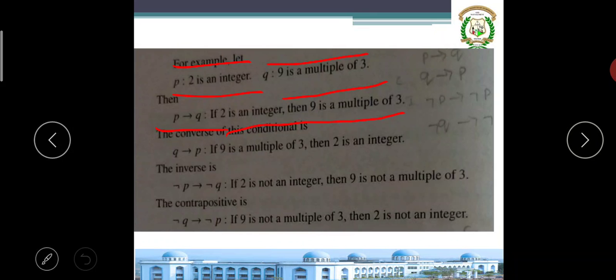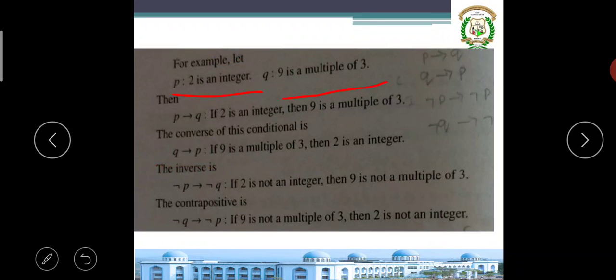Then how to write Q implies P? If 9 is a multiple of 3, then 2 is an integer. That is Q implies P.